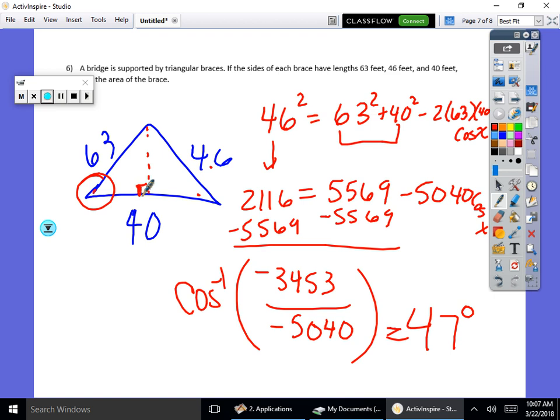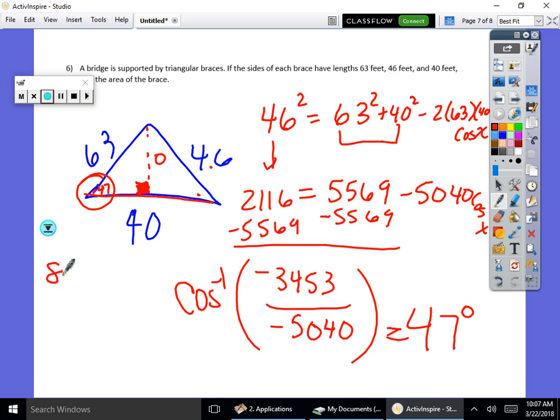Okay, if the height is perpendicular, then what trig can I now use? The easiest trig, the trig we love. I can use SOHCAHTOA, I'm going to use sine, right? So I'm going to use sine because I'm looking for opposite and I know the hypotenuse. This 40 is the whole length. I can't use it because I don't know if this bisects it, okay?